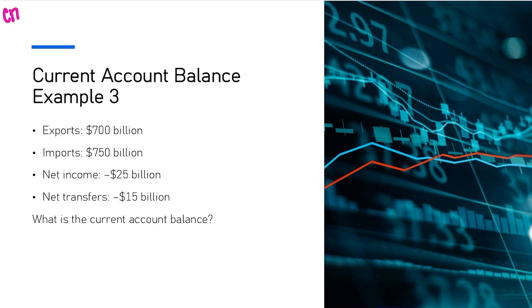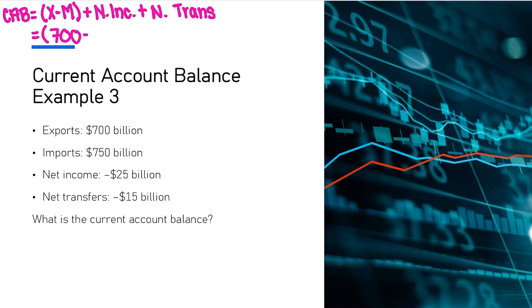So our current account balance is going to be equal to exports minus imports plus net income plus net transfers, which is going to be 700 minus 750 plus negative 25 plus negative 15.